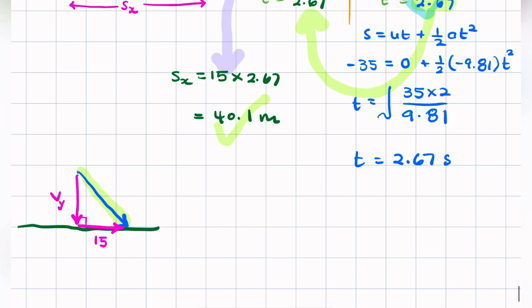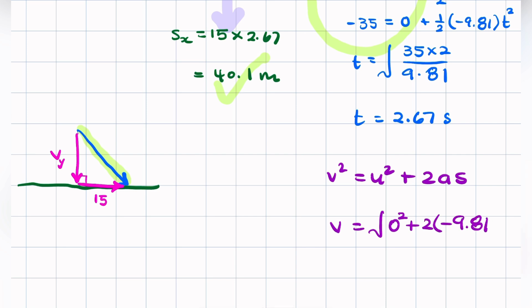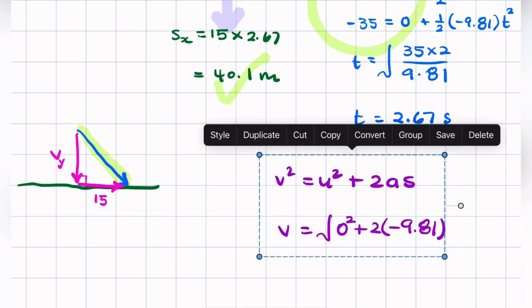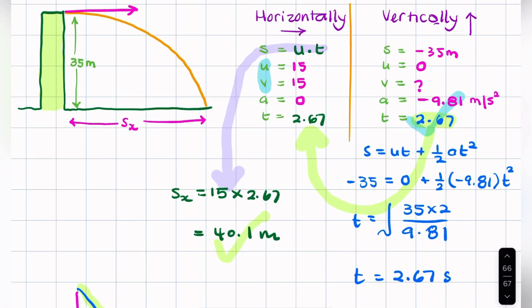So I'm going to say v squared equals u squared plus 2as. So v is the square root of 0 plus 2 times minus 9.81 times s, which is negative 35.